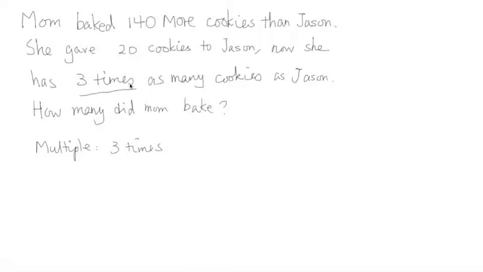But you only have this relationship after mom has given the 20 cookies to Jason. So after the exchange of cookies, given 20, which means when you look at the difference, it is no longer 140.